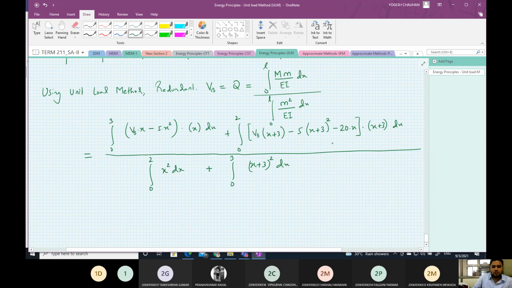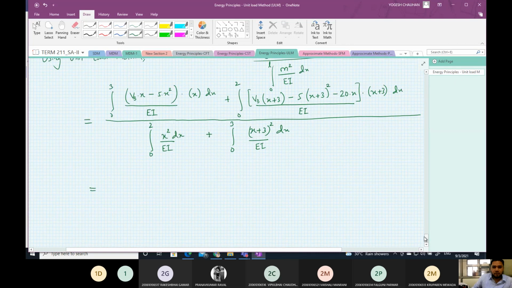Now this would be divided by EI also, but since EI is constant for all the members, they will be cancelled out. So if you solve this, you will get VB as 22.91. Just verify this value.